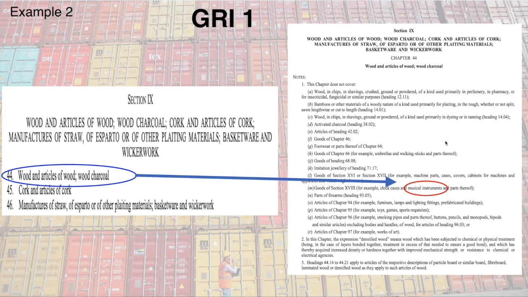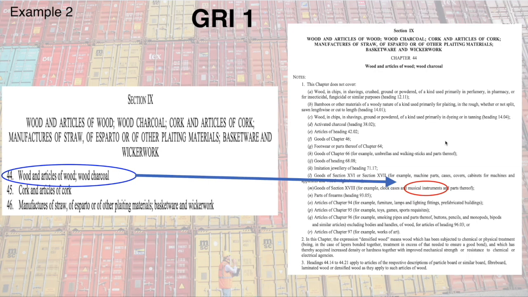And if we read all of them carefully, we find one, the letter M, that indicates that this chapter does not include goods of section 18, for example, clocks, cases, and musical instruments.